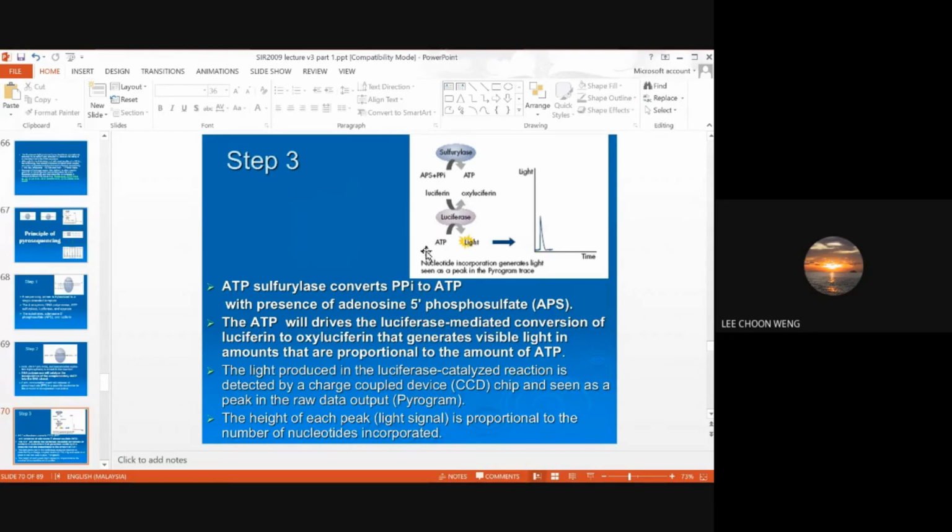And it is this light that is captured by the CCD chip, by the imaging chip. The height of each peak is proportional to the number of nucleotides incorporated. It is the light emitted that is detected by the imaging system.